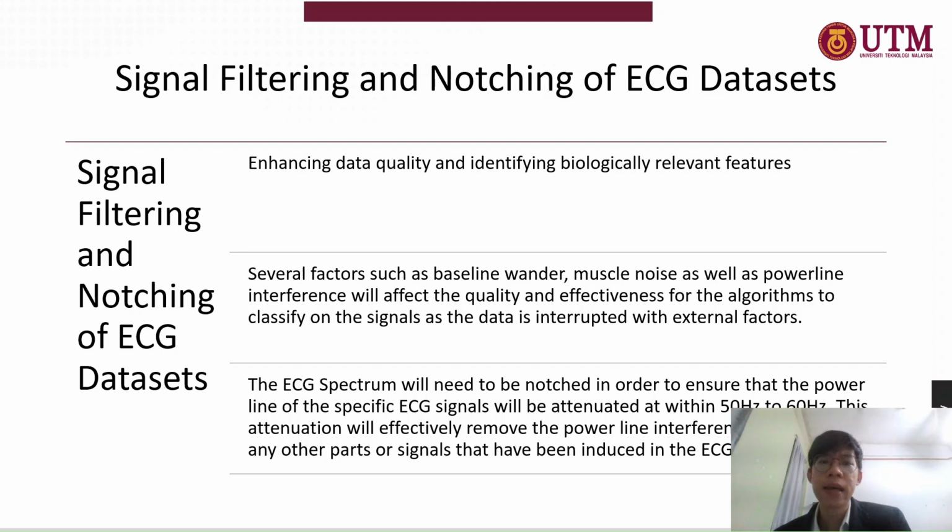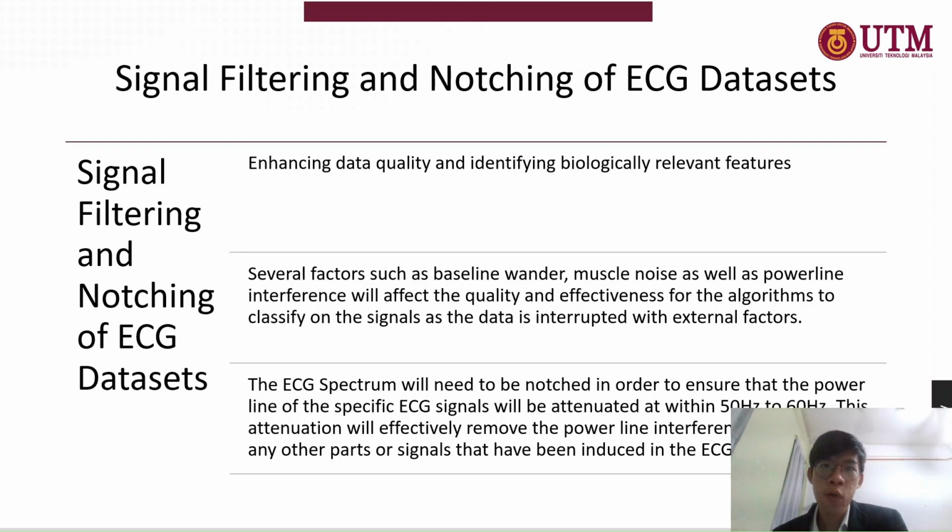Hence, for the notching, the ECG spectrum needs to be notched to ensure that the power line of the specific ECG signals is attenuated within 50 Hz to 60 Hz. Between this frequency is the most desirable frequency for the ECG, so that the artificial intelligence algorithm can utilize the attenuated frequency to be pre-processed and can evaluate in a more effective manner once all the ECG datasets have been attenuated within 50 Hz to 60 Hz.